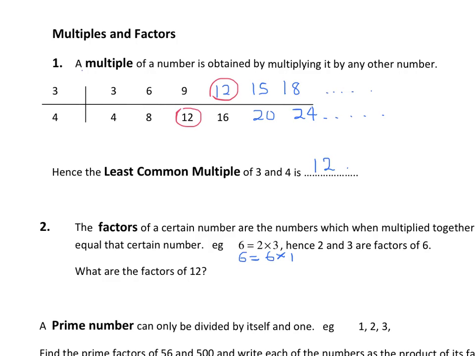If we look at the number 12, what are its factors? Well, the number 12 can be equal to 1 times 12, can be equal to 2 times 6, so 2 and 6 are also factors. It can be equal to 2 times 2 times 3, so hence 2 times 2 times 3 are also factors.